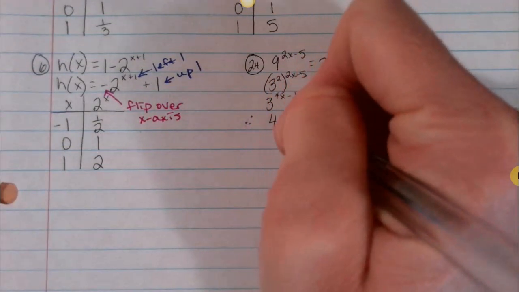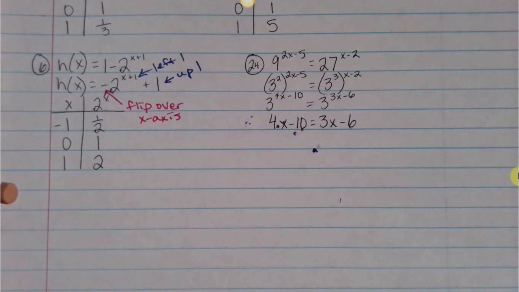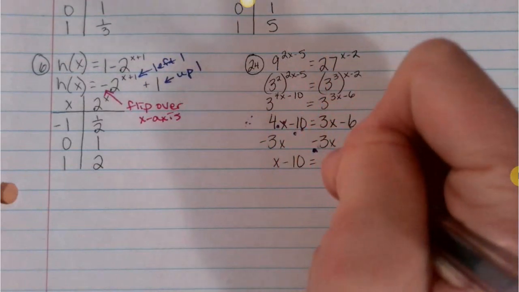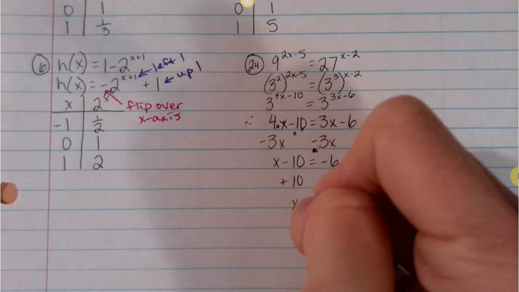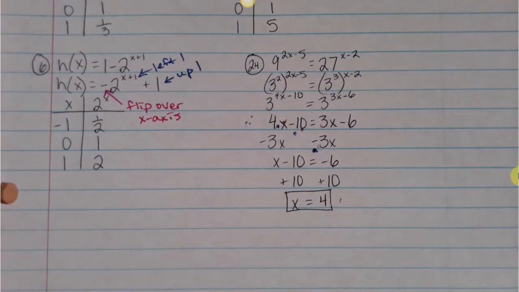So 4x minus 10 equals 3x minus 6. And then to solve for x, we just need to get the x's on the same side and get the constants on the same side, and we end up with x equals 4.